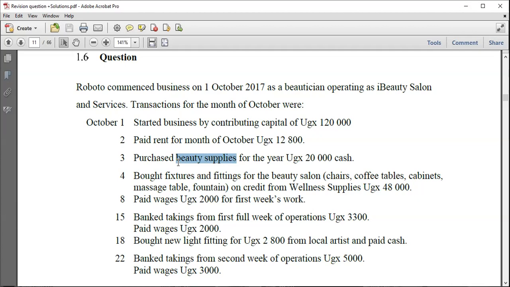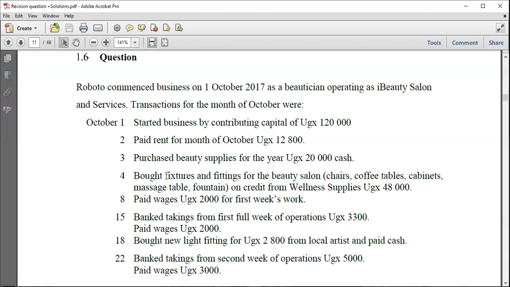Then they're saying they bought fixtures and fittings for the beauty salon, and they have gone ahead to give us what exactly they bought: chairs, coffee tables, cabinets, a massage table, then a fountain. All these are fixtures and fittings. Now, these are fixed assets.